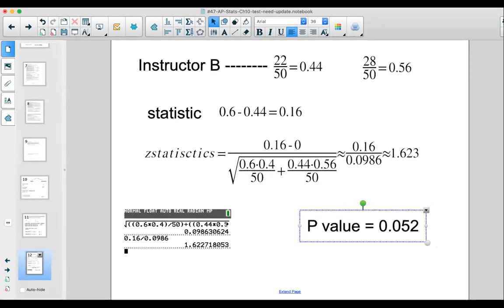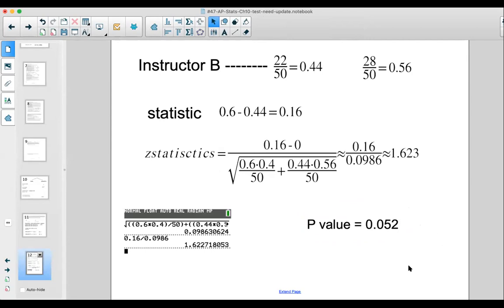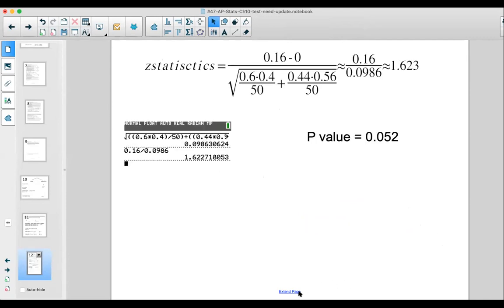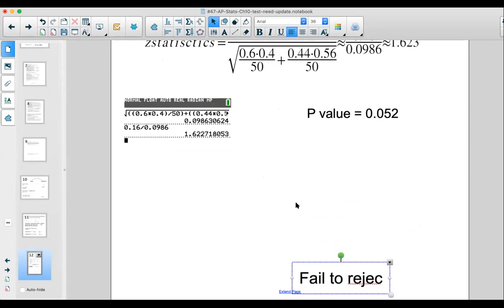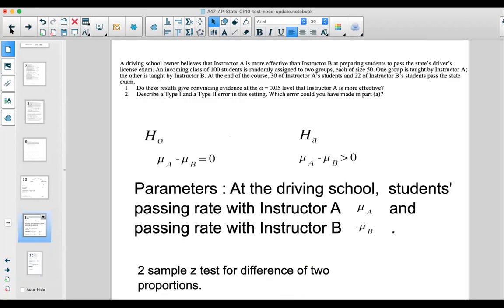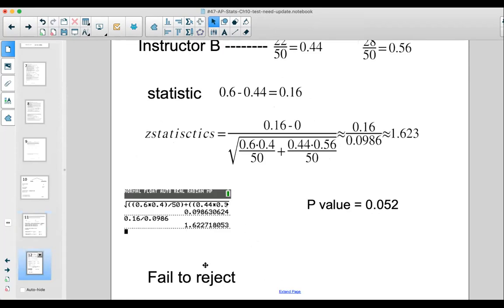But it's more than 0.05, so we fail to reject the null hypothesis.